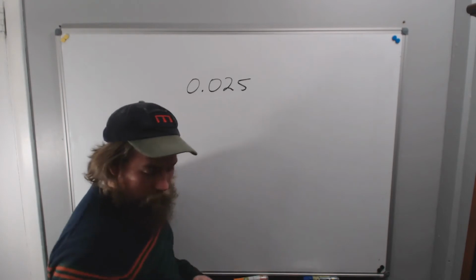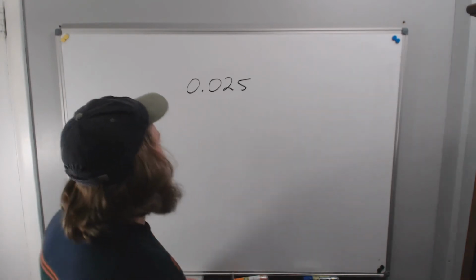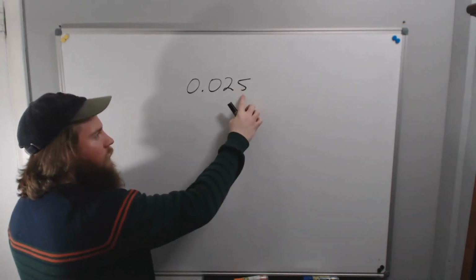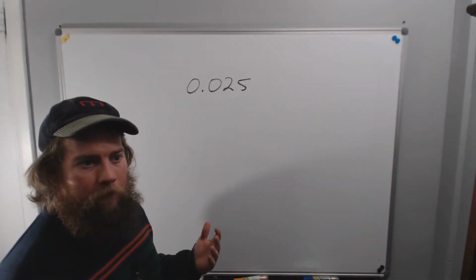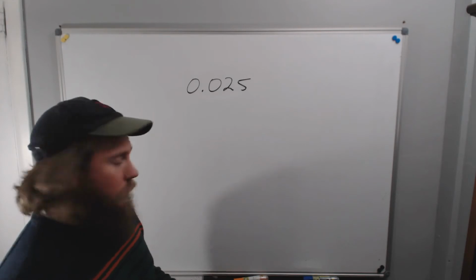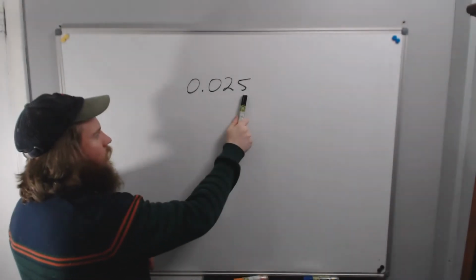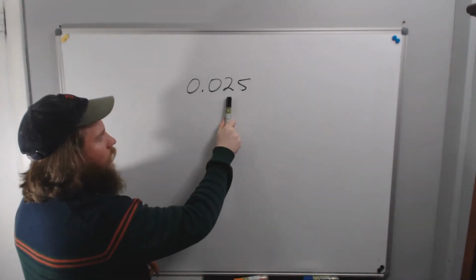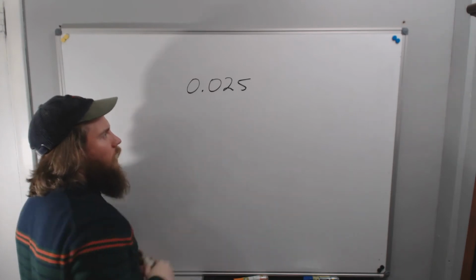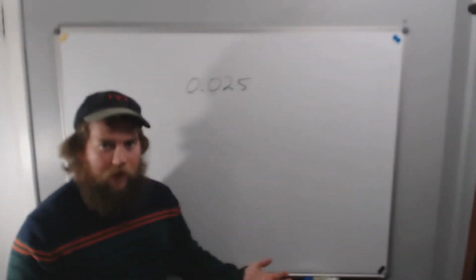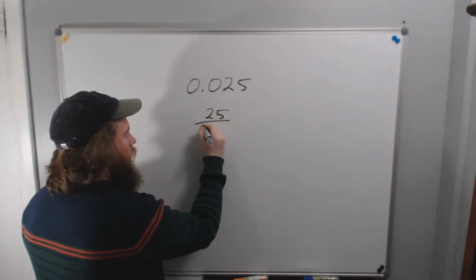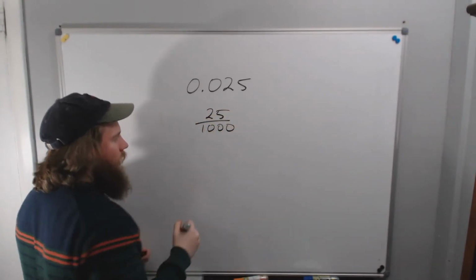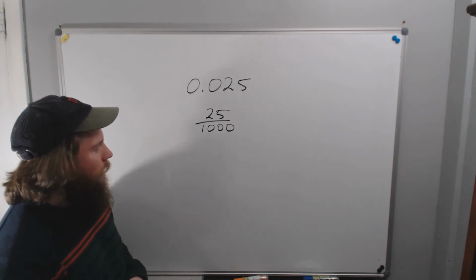But instead, what we could do is just look at what decimal place the last digit is in. And so the last digit is this 5. So we have tenths, hundredths, thousandths. Okay, so this number is 25 thousandths. So we can just go ahead and write that as 25 over 1,000. Okay, great.